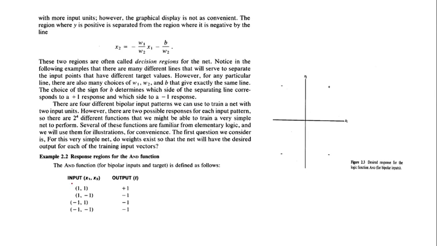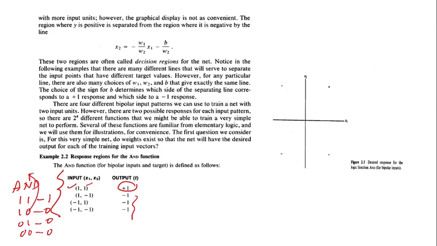This is the truth table for the AND function. In the case of the AND gate, if both the inputs are 1 and 1, then the output is positive, and in all the remaining cases it is 0.